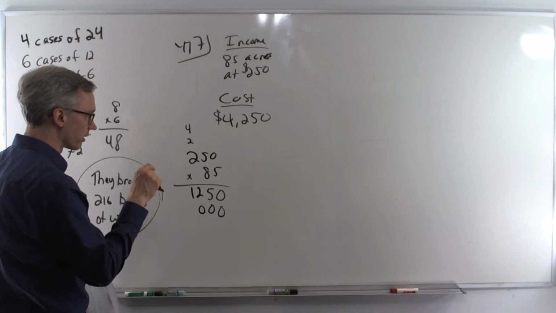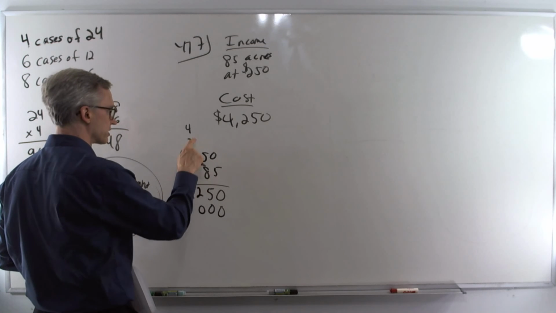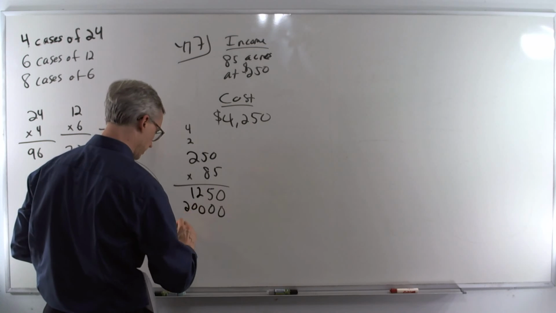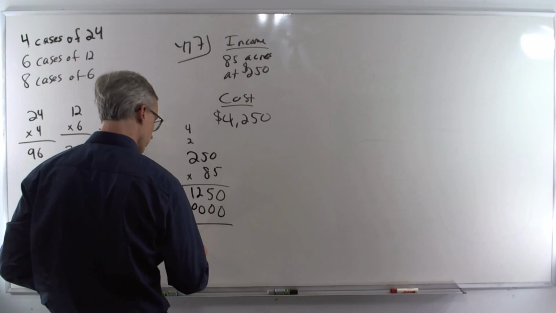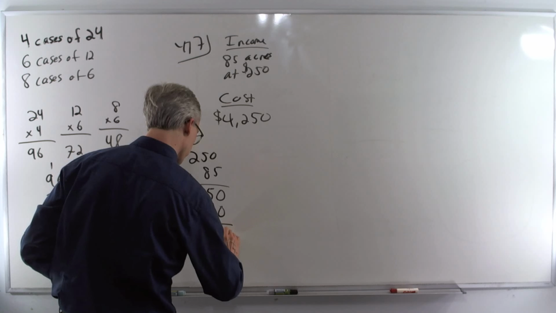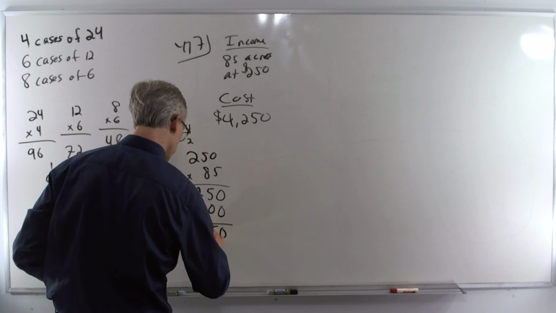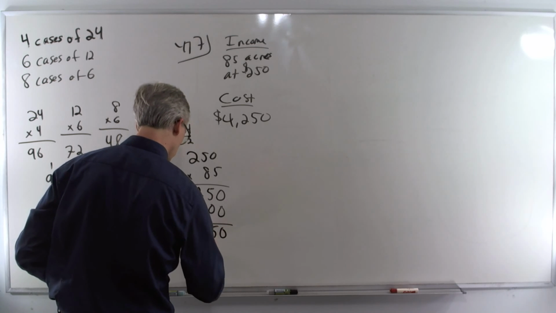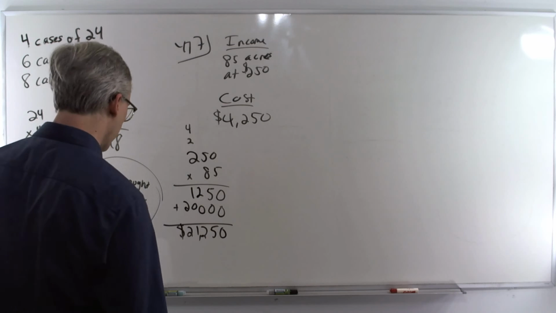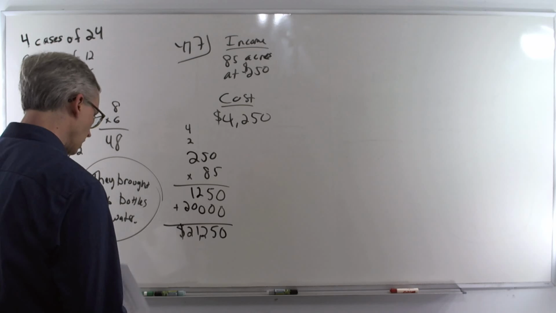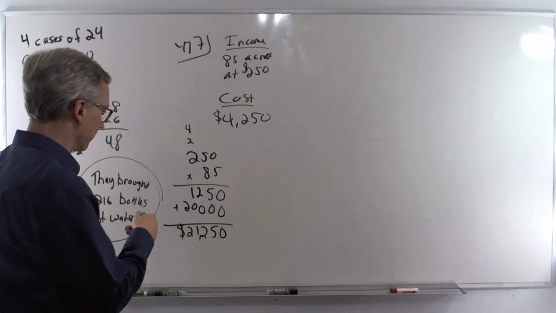Okay, continuing on to the second row, we got 8 times 2 is 16 plus 4 is 20. Okay, adding those together, we got $21,250. All right, so that is the total income.